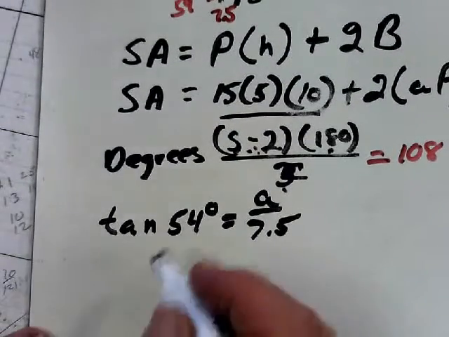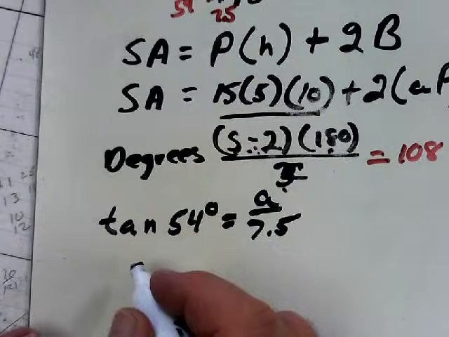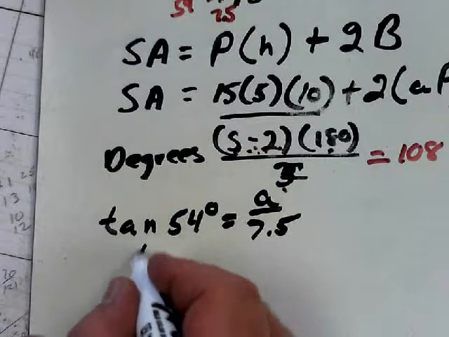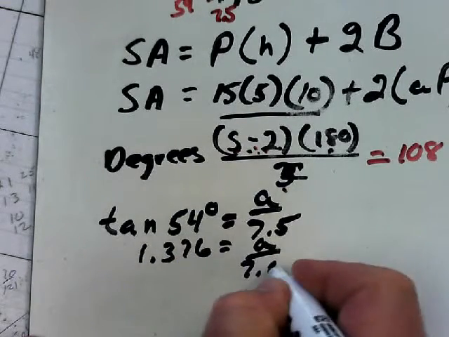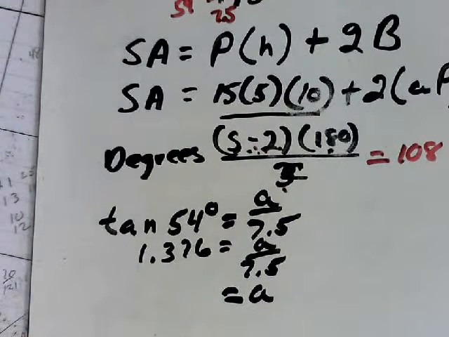What's the tangent of 54 degrees? 1.376. So what's the A going to equal? 10.32.